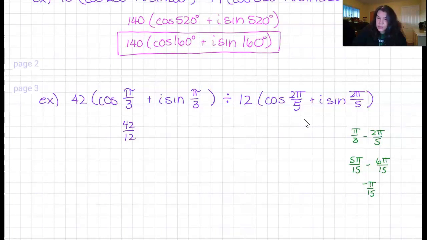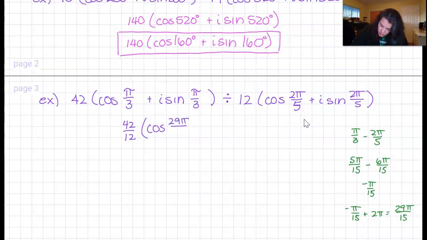So now let's just add negative pi over 15 plus 2 pi. That's going to be 30 pi over 15, so it's going to be 29 pi over 15. All right. Put it back in our final answer then. So cosine 29 pi over 15 plus i sine 29 pi over 15.